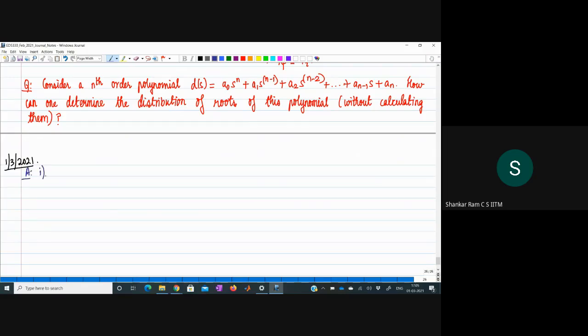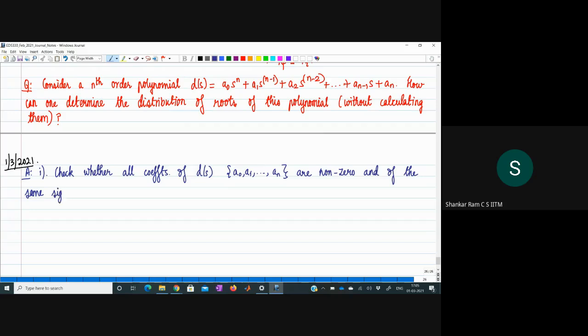Answer: the first step is that we need to check whether all coefficients of the polynomial D of s, that is a0, a1, all the way till an, are non-zero and of the same sign.